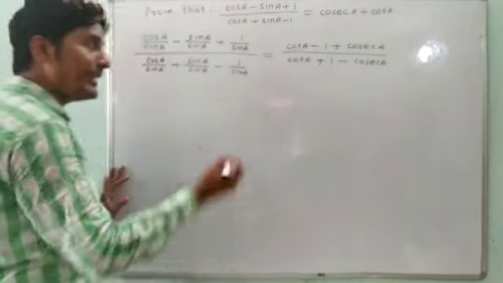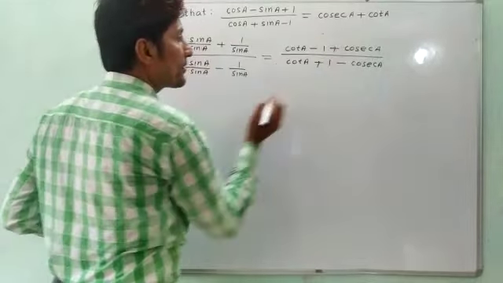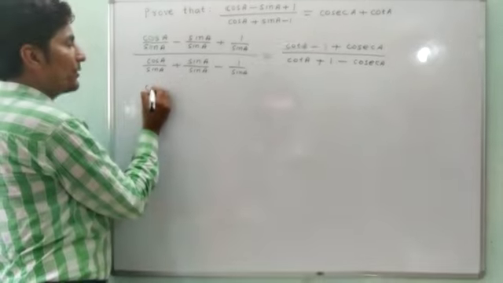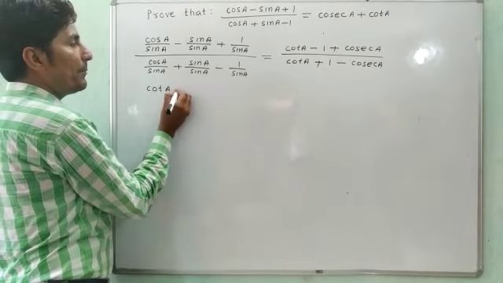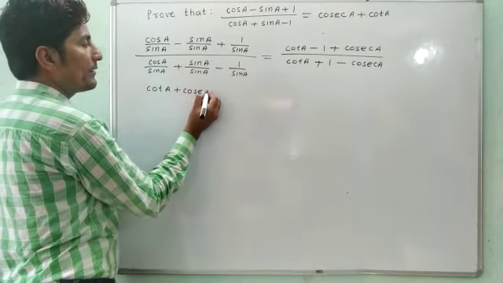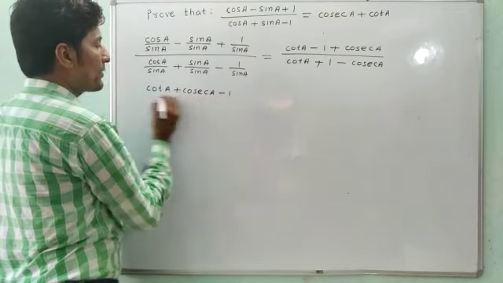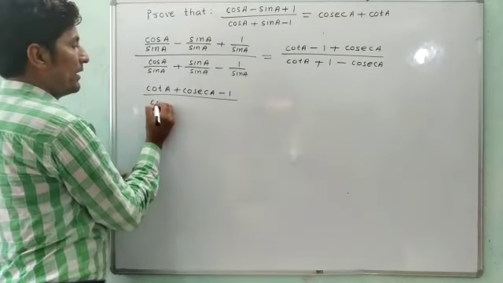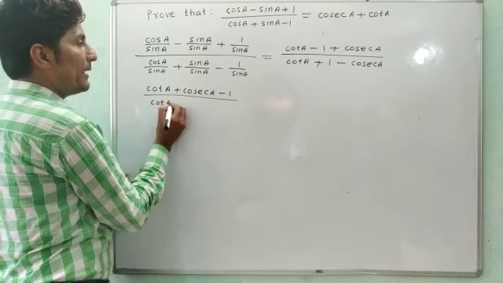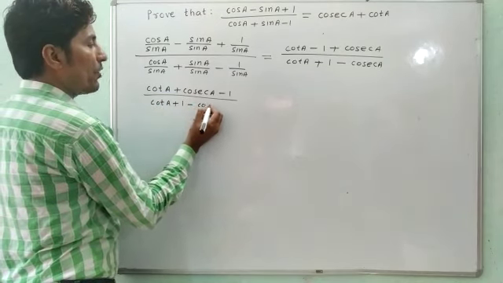After that we have to rearrange them. Cot A plus cosec A can be written together, cot A plus cosec A minus 1 upon, in the denominator we can write cot A plus 1 minus cosec A.